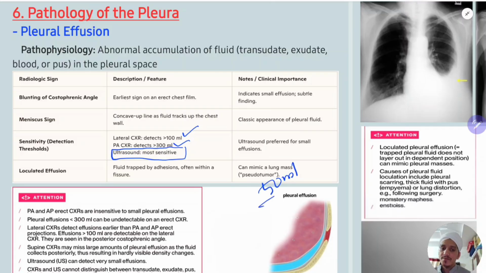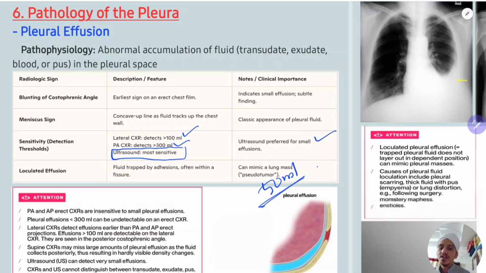Just to revise: in lateral chest X-ray, at least 100 ml is required; in PA chest X-ray, at least 300 ml; and in ultrasound you can detect even 50 ml of pleural fluid. So ultrasound is preferred for small effusions.